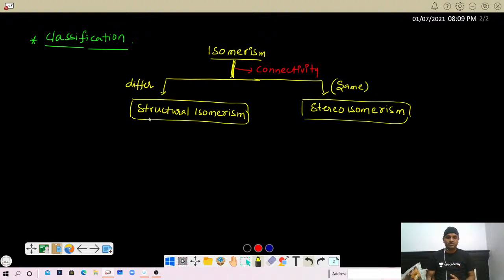Further, structural isomers are classified into the following types. One is chain isomerism, and the second one is positional isomerism.